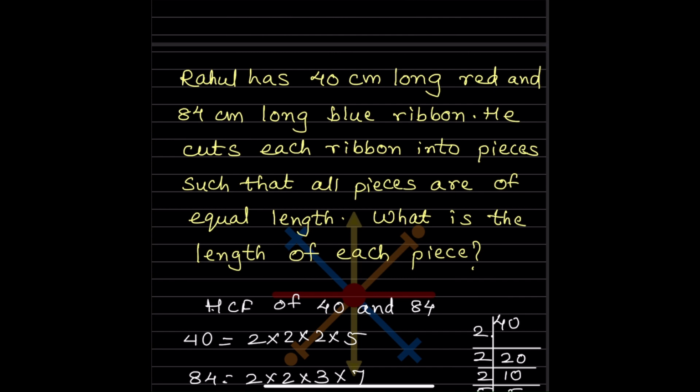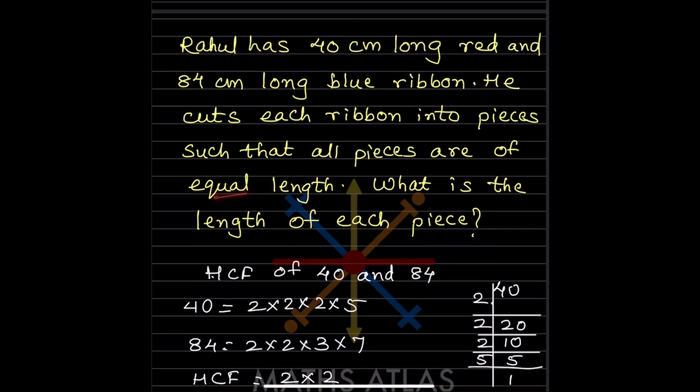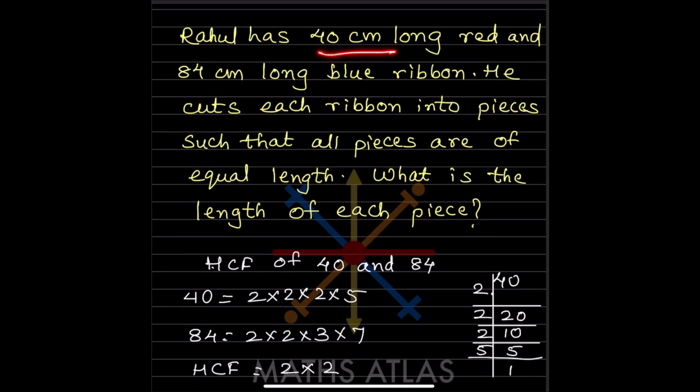So Rahul has a 40 centimeter long red and an 84 centimeter long blue ribbon. He cuts each ribbon into pieces such that all pieces are of equal length. What is the length of each piece? So whenever it is equal length, what will you take here? 40 centimeter long and 84 centimeter long.